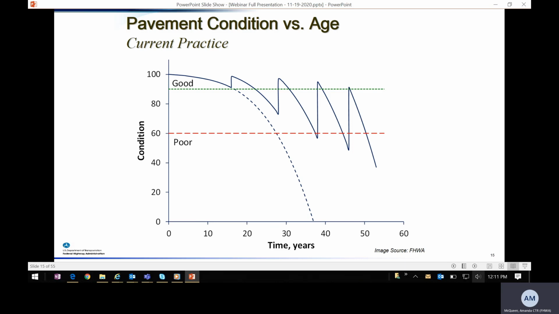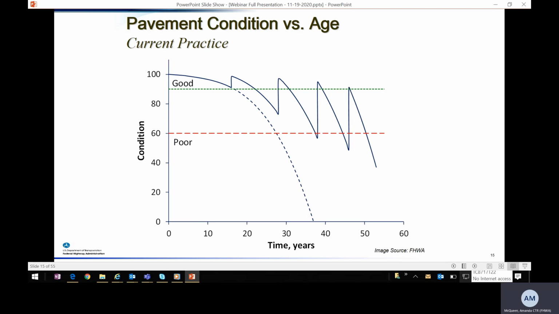This isn't a precise illustration of pavement condition over time, but it also reflects what your network condition might look like. What this is showing is that for most states, we're well past the initial service period, so we're in a second or third rehab cycle.